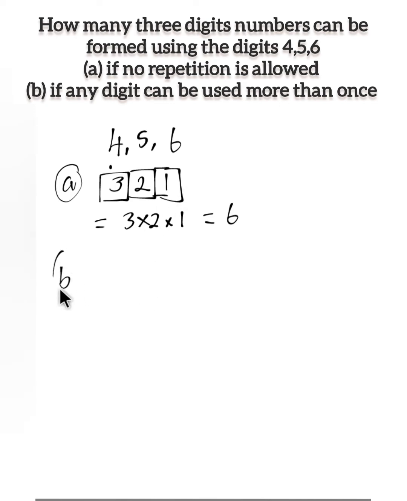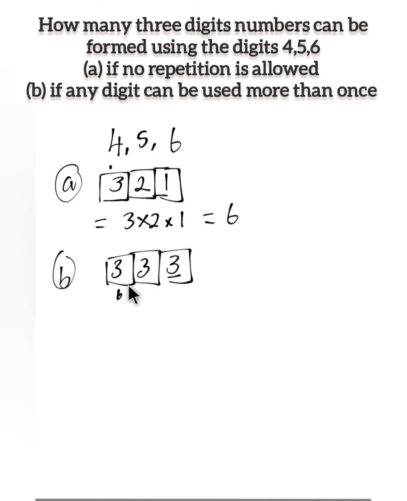But now consider when repetition is allowed. We have 3 slots. Now, in this case, these 3 numbers can appear here. So since repetition is allowed, assuming we already have 6 here, it means that the number 6 can also appear here. The 3 numbers can also appear here, and the 3 numbers can also appear here. So there's a difference between when repetition is allowed and when repetition is not allowed.